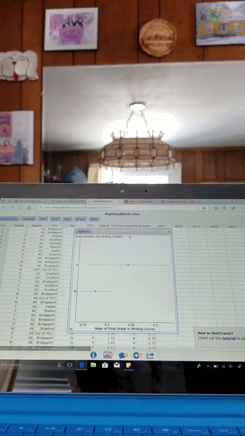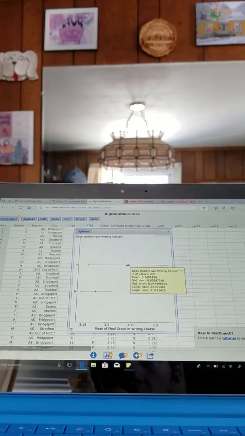And we have this nice display here that tells us that our mean grade for students who do say that they do use the writing center is 3.245. And our standard deviation for that group is 0.639.